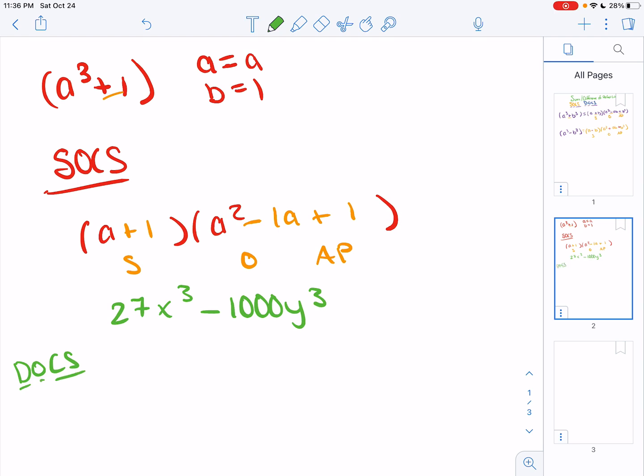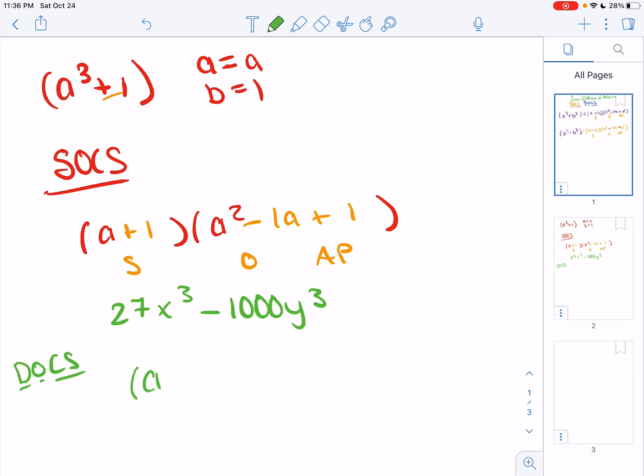It's going to be the exact same situation. We have a minus b, a squared, ab, and then b squared. Now we just need to do our signs. It is minus, so we have SOAP: same, opposite, always positive, just like that.